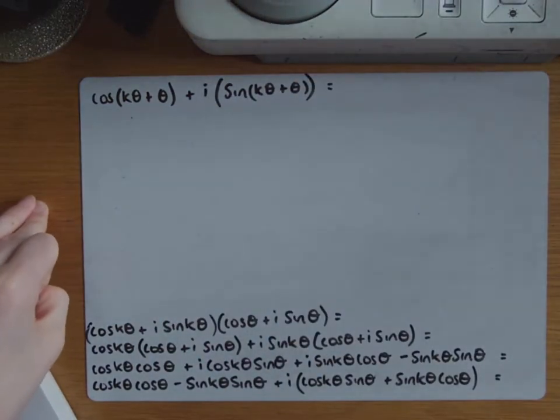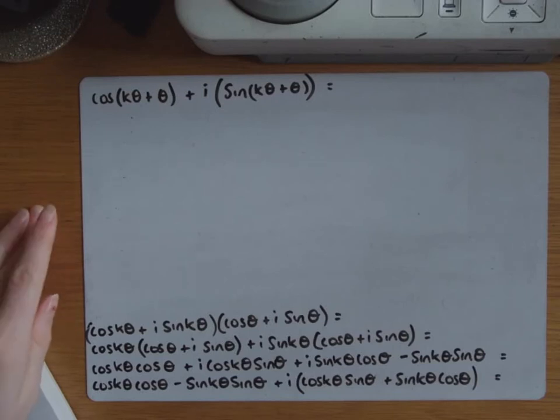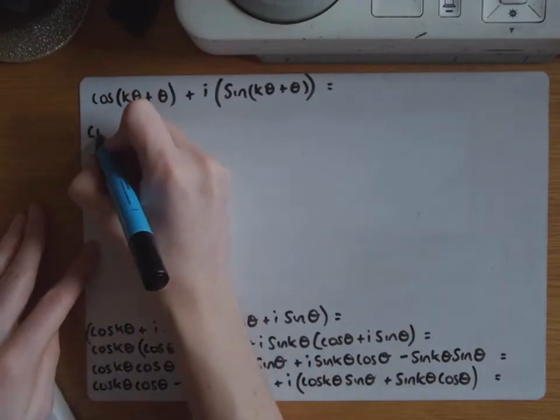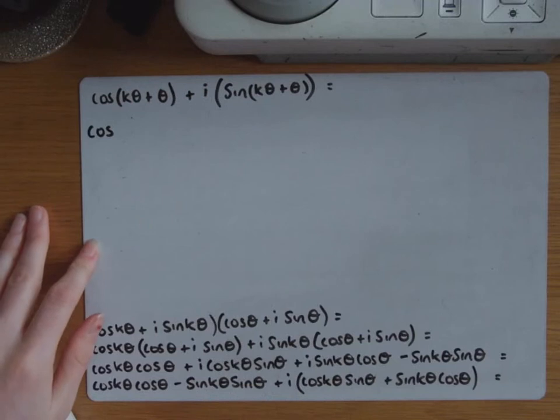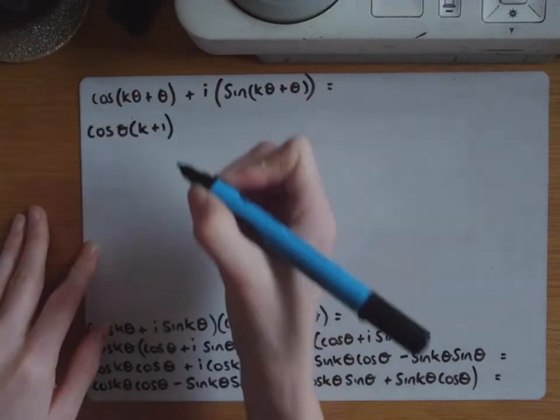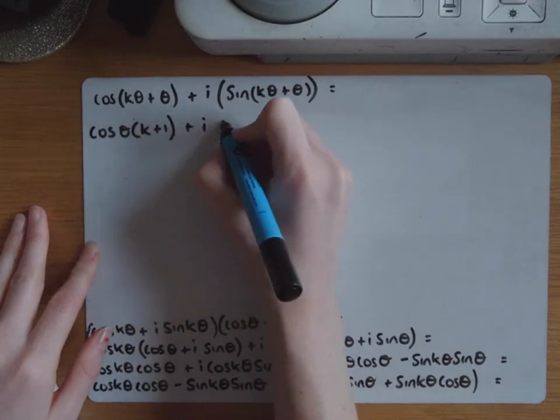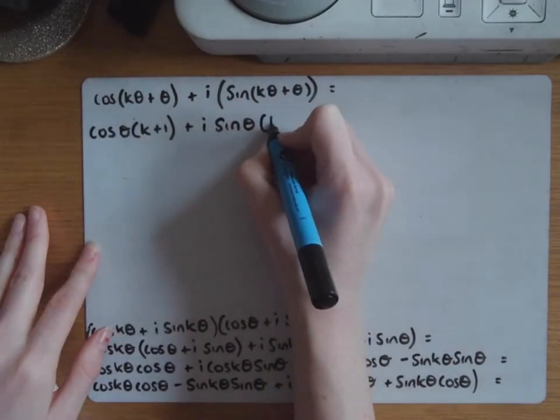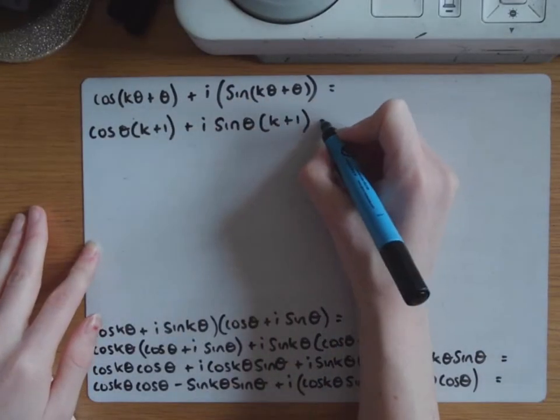And the last thing you're going to do is you're going to factorize out the theta out of that little bracket. Okay, so you're going to have cos, and theta is going to come out and you're going to be left with k plus 1. I times sine theta is going to come out and you're going to be left with k plus 1.